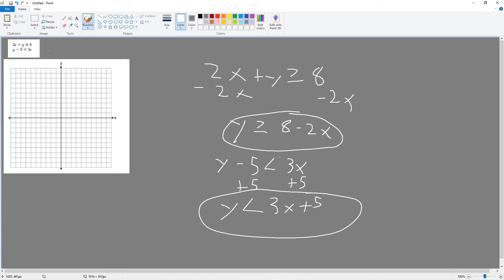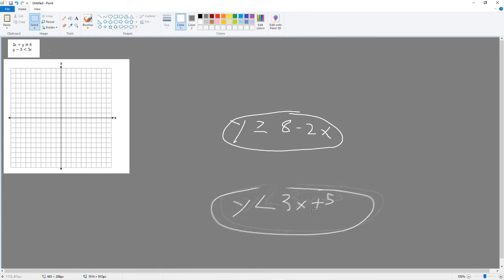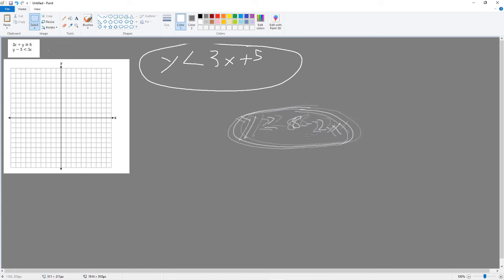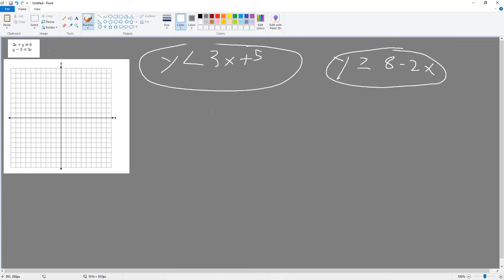So let's look at that. Let's do the first one. Let's delete the rest of this. Okay, this goes over here. So y is less than 3x plus 5. Let's just plot the line first. 3x plus 5. Let's do the intercept first, which is when x is equal to 0, you get 5.